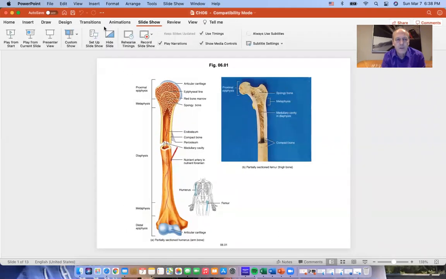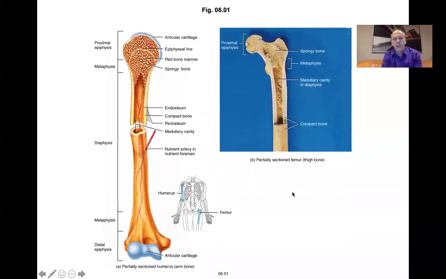So we're going to start with this, and we're seeing here a typical long bone, obviously the humerus bone of the arm, which has been cut open twice. At the center point of its body, it was cut open in a transverse plane, and the upper half of the bone was additionally cut using the frontal plane.